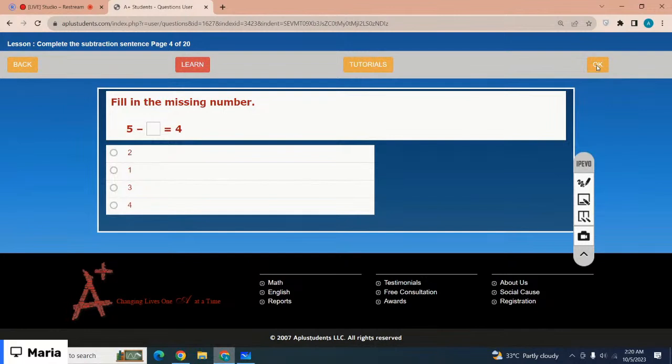Okay, the next one is 5 take away the missing number equals 4.